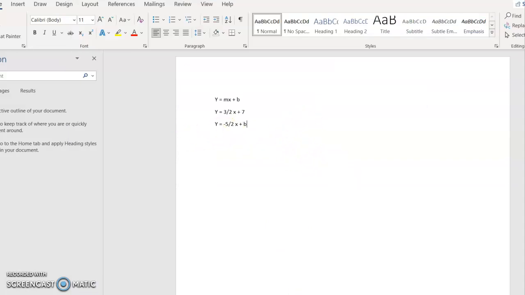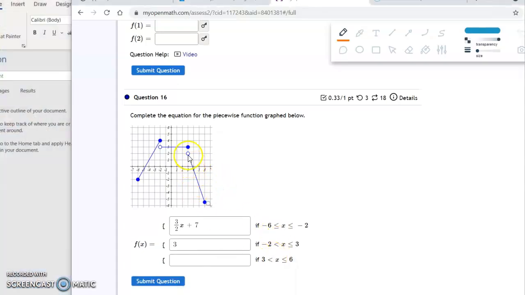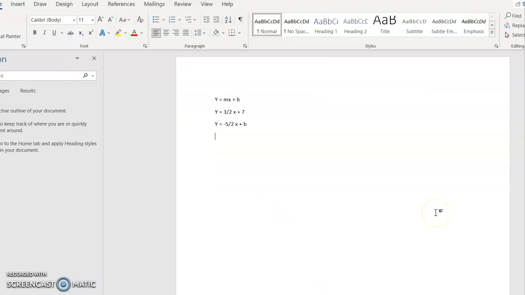And we don't know b, so we're going to put in that point, 3, 2. So we're going to put a 2 in for y and a 3 in for x, and we'll solve and find out what b is.